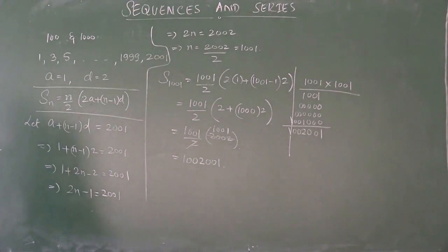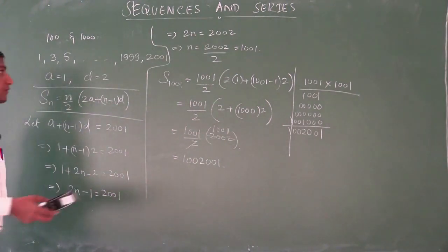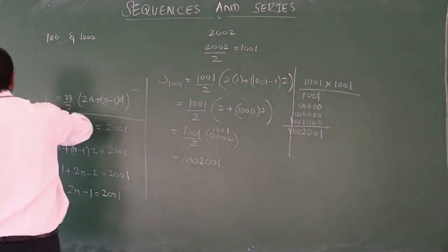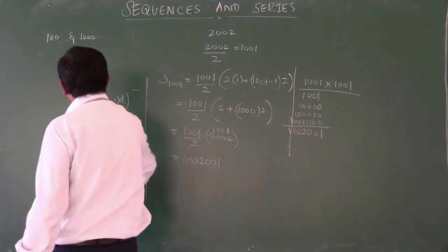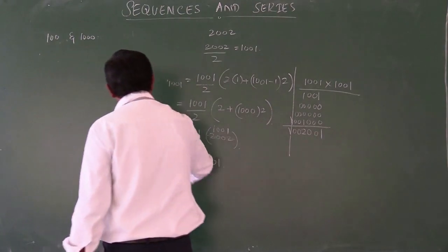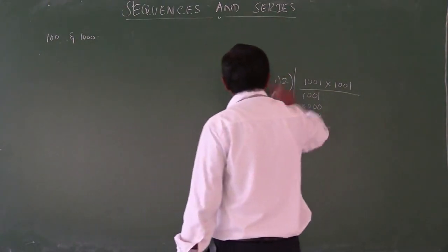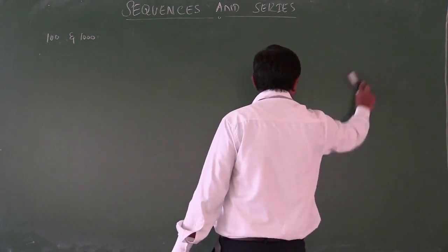Okay, look here. What is given in the question? We have to find out the sum of all natural numbers lying between 100 and 1000, which are multiples of 5.